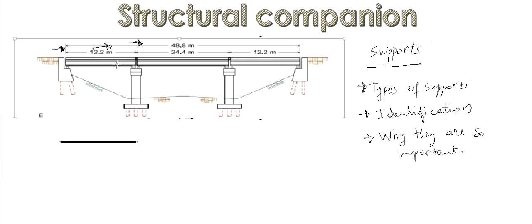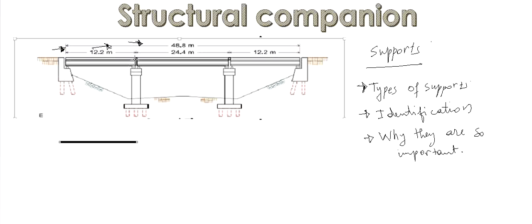From this beam we have this support here and this support here. Notice that it is not continuous. The beam starts here and finishes here. Another one starts from here and finishes here. So it means it is not continuous. It is not going all the way for the total length of the bridge.